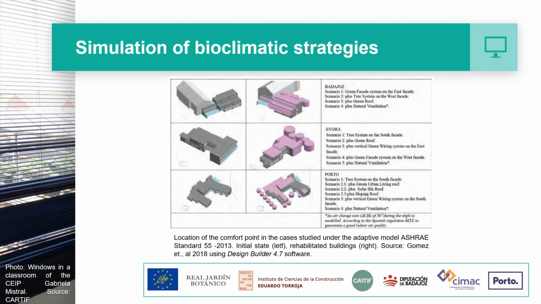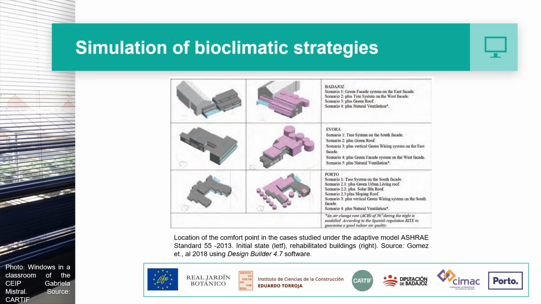Finally, a study has been carried out to determine the effectiveness of some of the techniques incorporated into the project, among which are plant parasols and natural ventilation. Through a computational model, different scenarios have been evaluated which, in addition to the aforementioned techniques, include other solutions with vegetation, green facades and roofs, and new wooded areas.